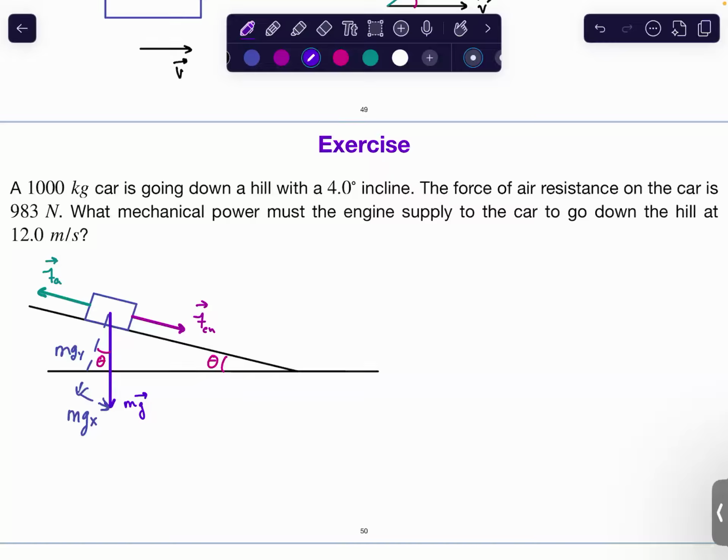Now, velocity is constant, which means acceleration is 0. How do I start this? gx plus the force of the engine equals the force of the air resistance.